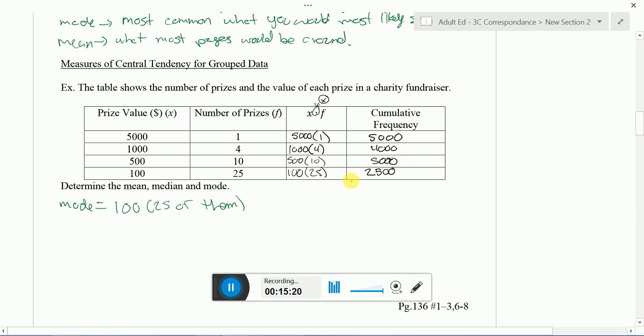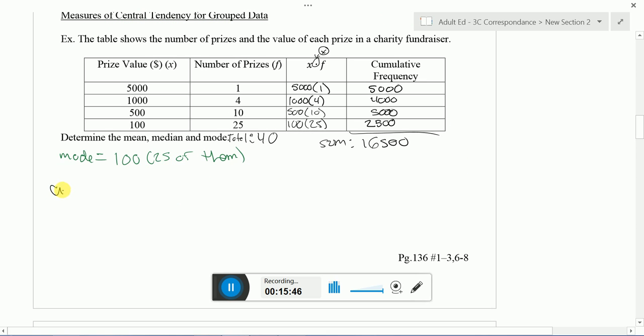Now, once you find the cumulative frequency, the sum is adding that all together. So we have 5,000, 9,000, 14,000, 16,500. And in total, if we add up how many of each prize we have, 1, 5, 15, 40 prizes in total.